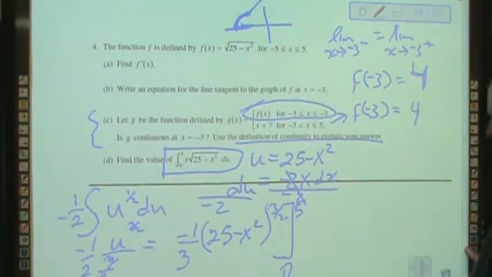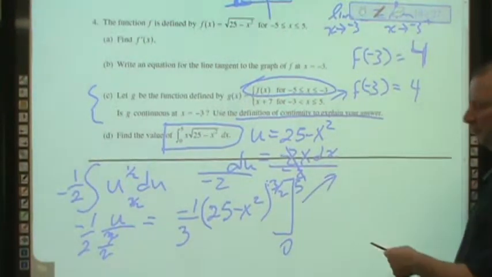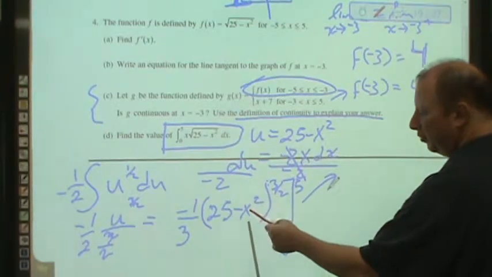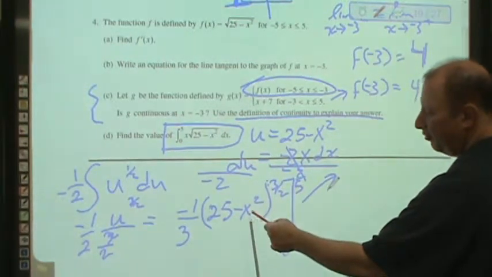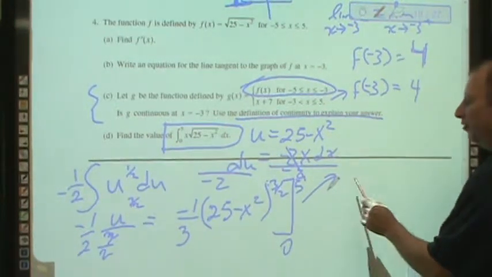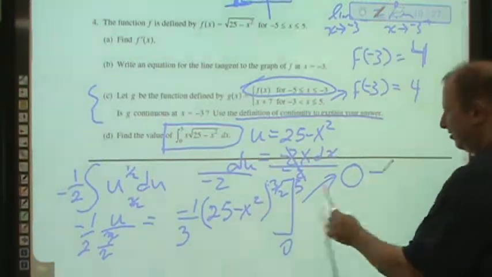Okay. Now what we're going to do is just figure out the numbers. 25 minus 5 squared is 0. 0 to any power is 0, times negative 1/3 is 0. That's the easy part. Now minus.